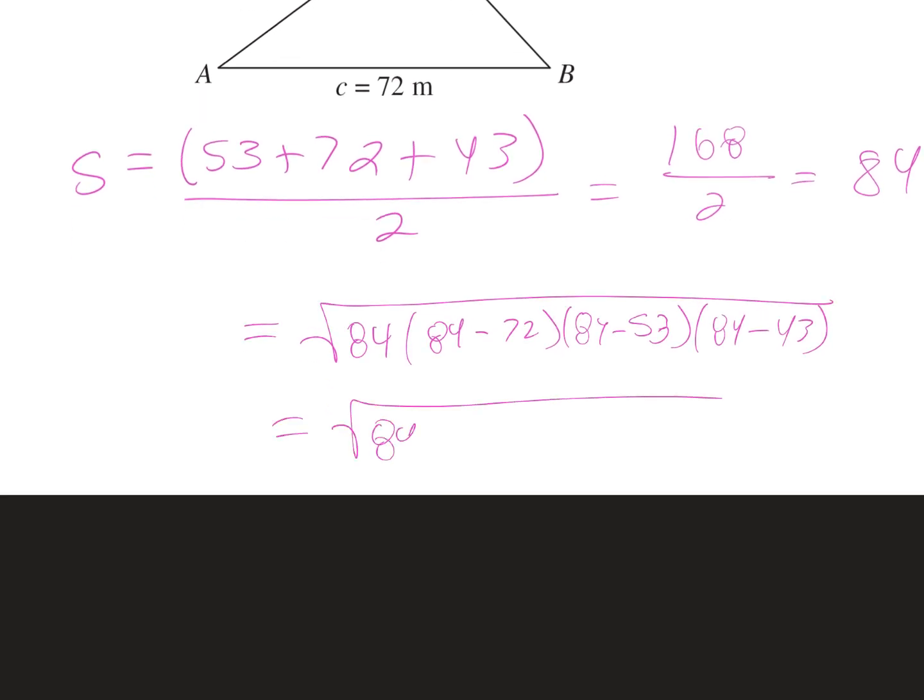So I have 84 times, what's 84 minus 72? 12, okay. What is 84 minus 53? 31, okay. What is 84 minus 43? 41, all right. Now you're going to multiply all these together and get a ginormous number. What is 84 times 12 times 31 times 41?